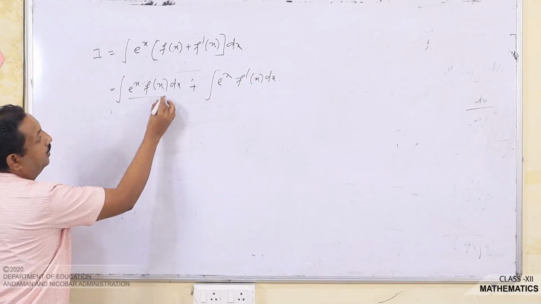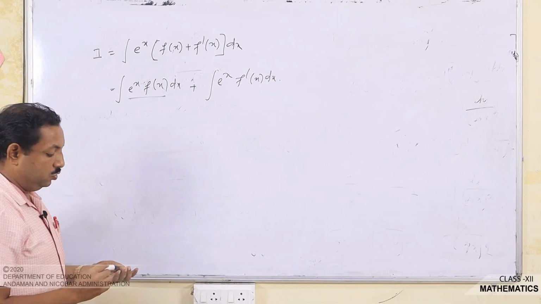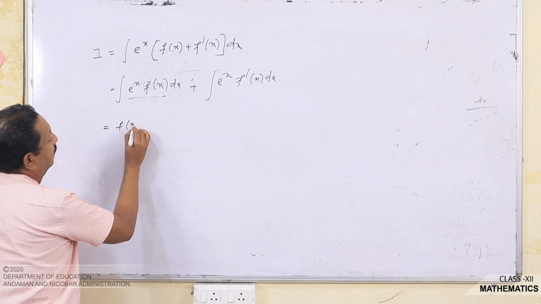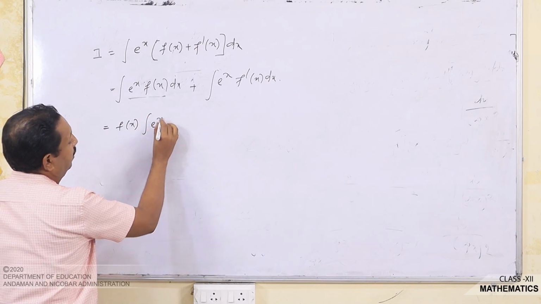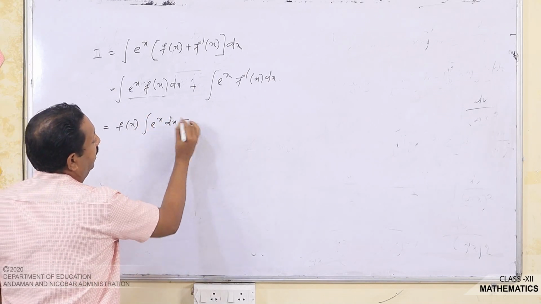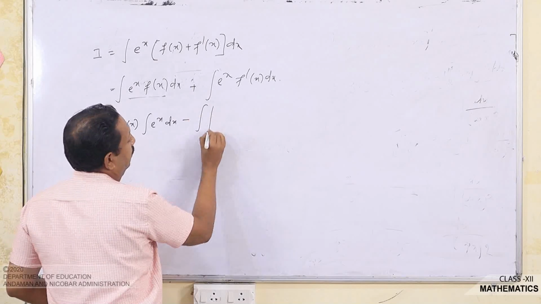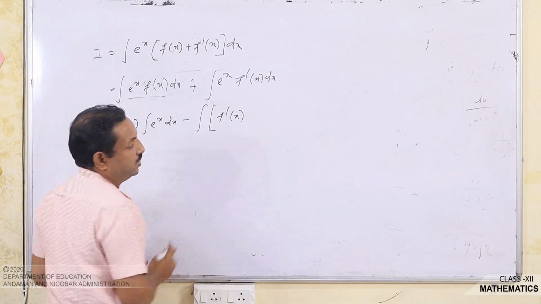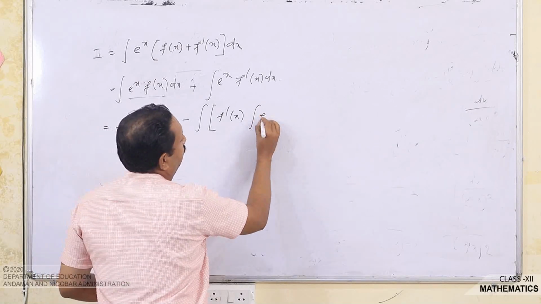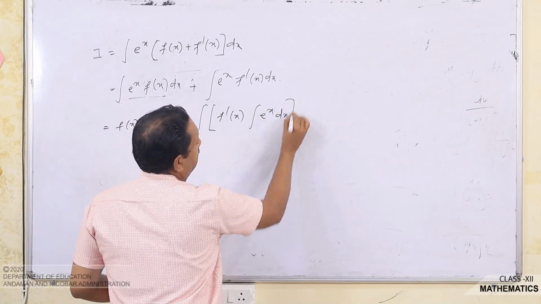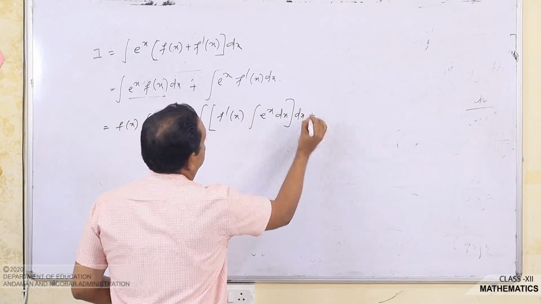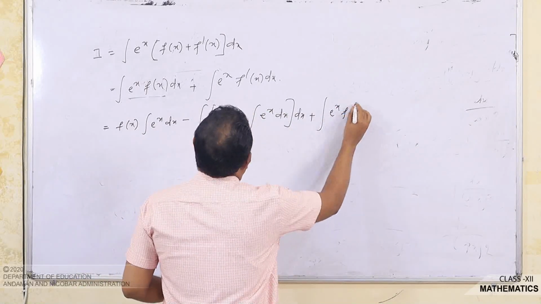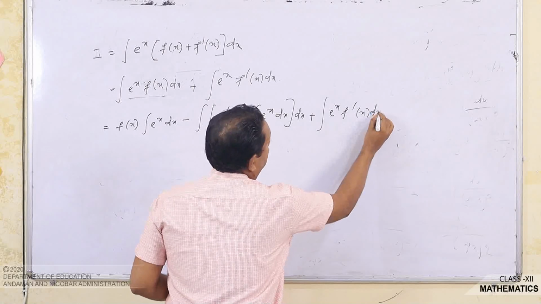Now we can apply integration by parts over these terms. The first function is f of x, integration of e power x dx, minus integration of the derivative of f of x, that is f dash x, and integration of e power x dx, and dx, and with this we have integration of e power x f dash of x dx.